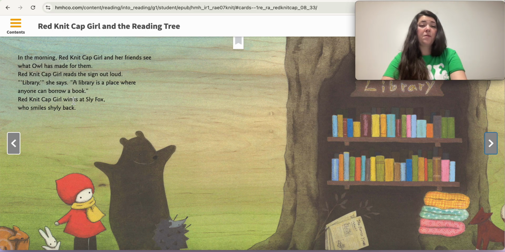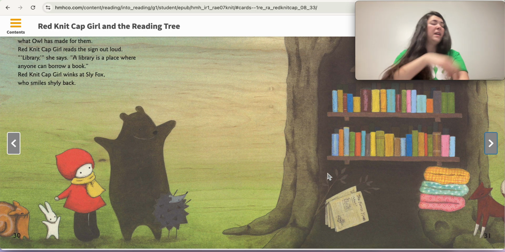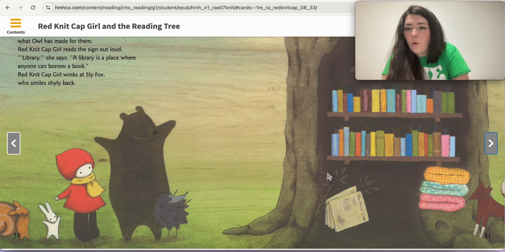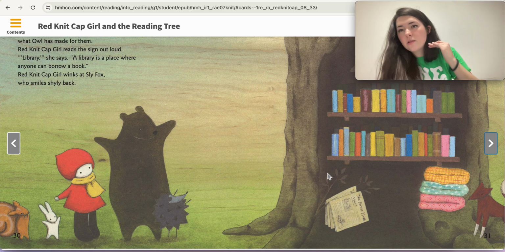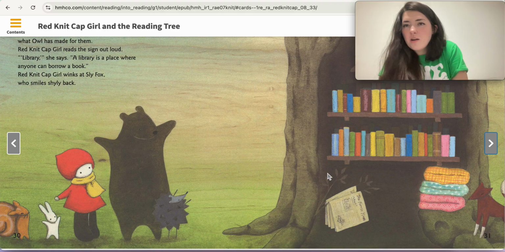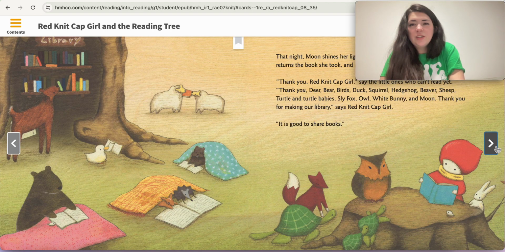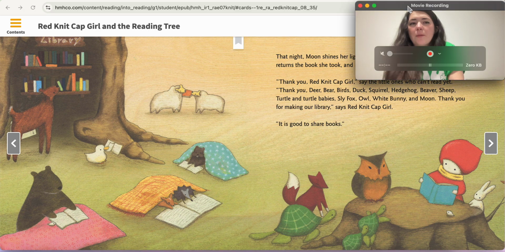Red Knit Cap Girl winks at Sly Fox, who smiles shyly back. So Sly Fox stole a book, but really could have just borrowed and asked. Just like we can borrow books and take out books from our library.